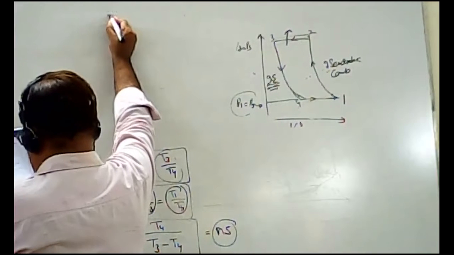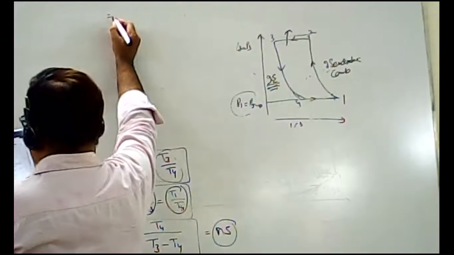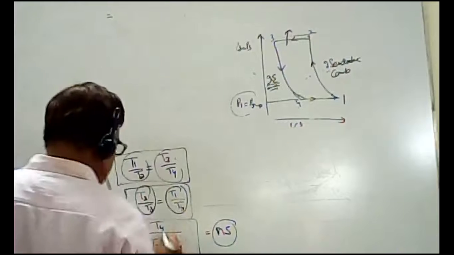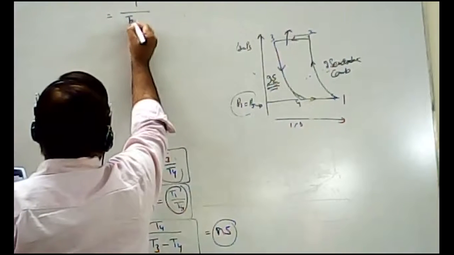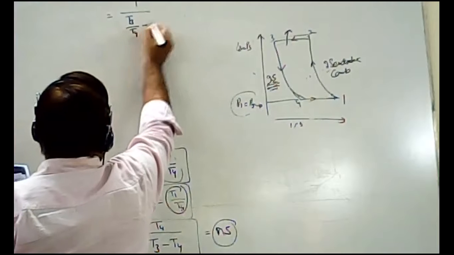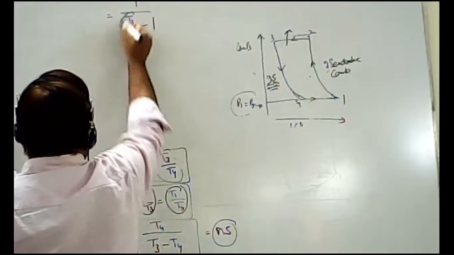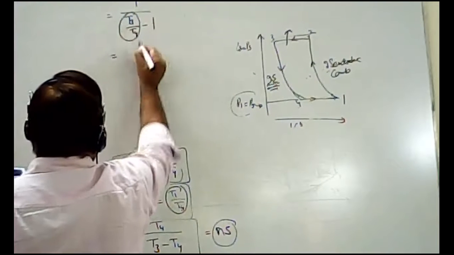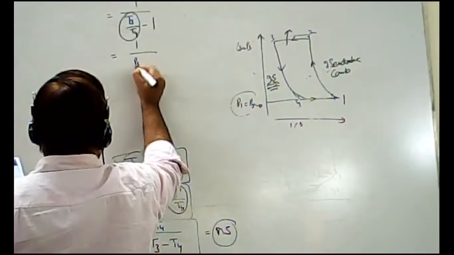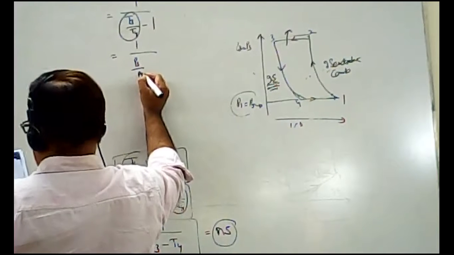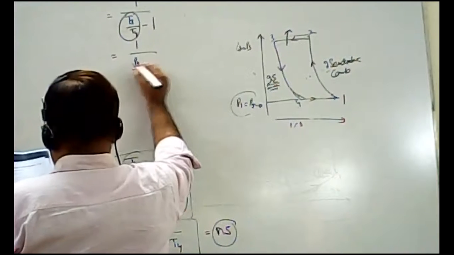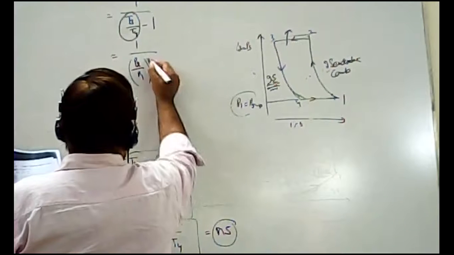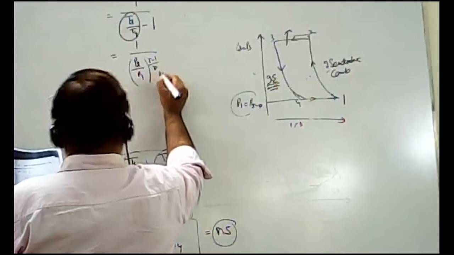Now if I divide the upper side and lower side by T4, this value will be 1 divided by T3 by T4 minus 1. This T3 by T4 will be equal to P3 by P4, which is P2 by P1, to the power gamma minus 1 divided by gamma.